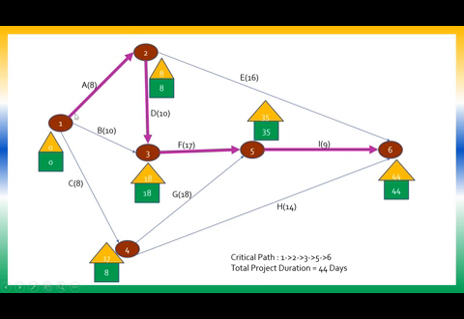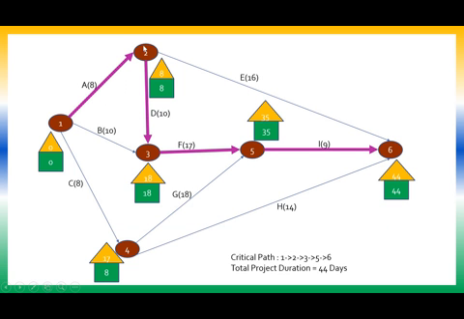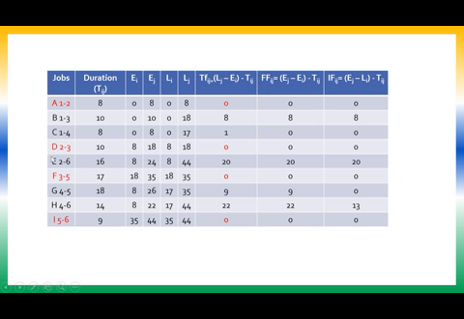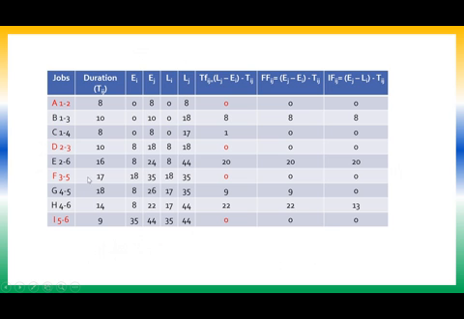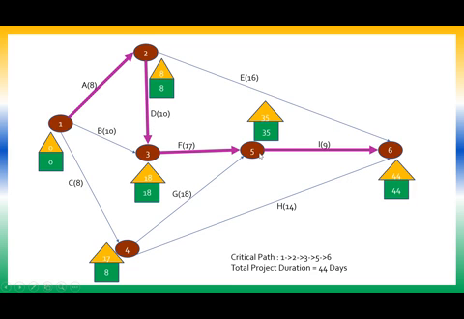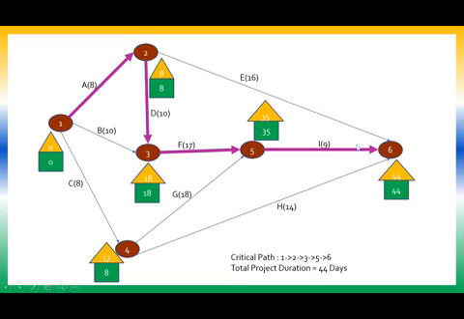So the critical activities are A 1 to 2, then D 2 to 3, then F 3 to 5, then I 5 to 6, right?